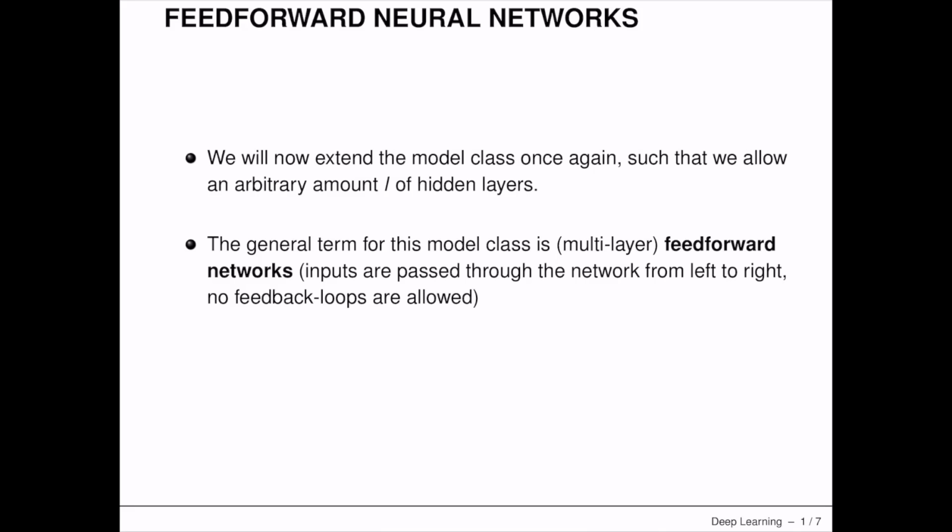The general term of this model class is referred to as multi-layer feed-forward neural networks, often only feed-forward neural networks, and feed-forward because the inputs are passed through the network from left to right, and we don't have any backward connections or loops.